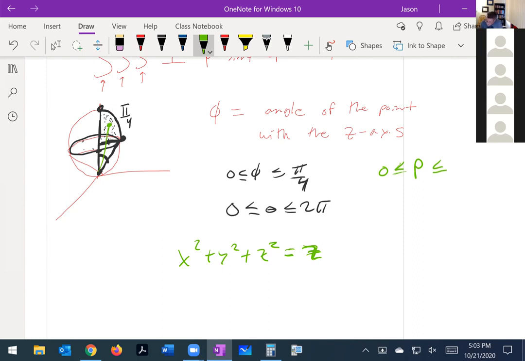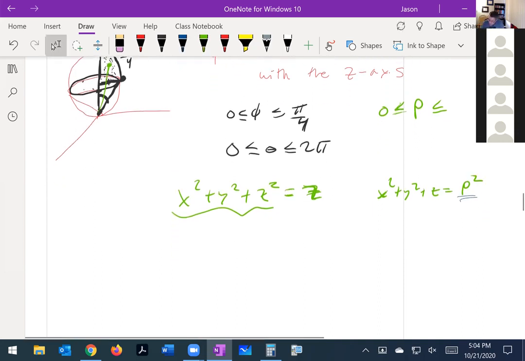No, the equation of a sphere is x squared plus y squared plus z squared equals rho squared. I'm just saying, what is this part equal to? Rho squared. Yeah, it's equal to rho squared. Why is it equal to rho squared?